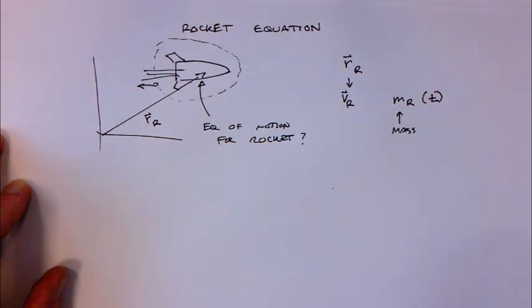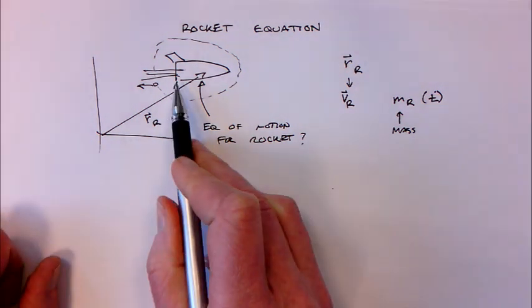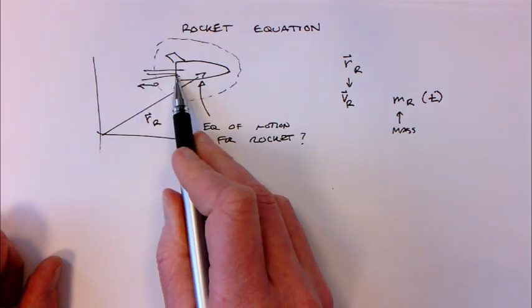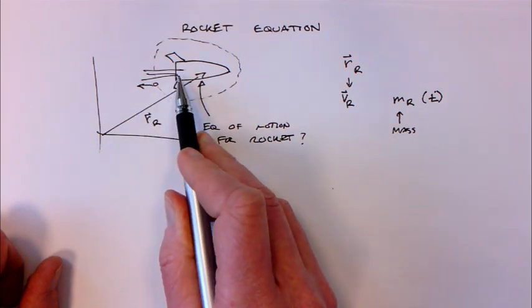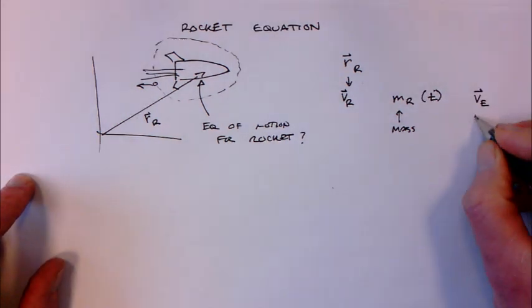That mass is going to be decreasing as the rocket burns and expels fuel. Finally, the rocket actually has to expel that fuel, and typically you think about that by talking about an exhaust velocity. I'm going to call that v sub e, which is the exhaust velocity.